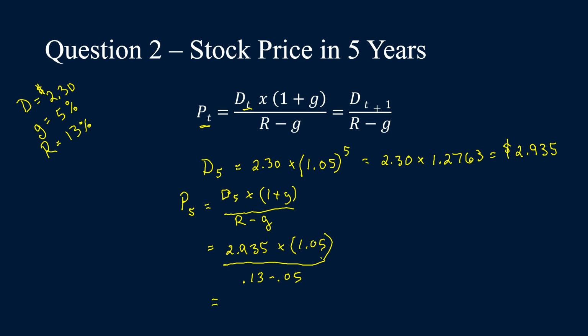Okay, so when we put those numbers in the calculator, it's going to be about 3.0822 divided by 0.08. And we calculate that, and it's going to give us a share price of $38.53. So that should be our price in 5 years' time.